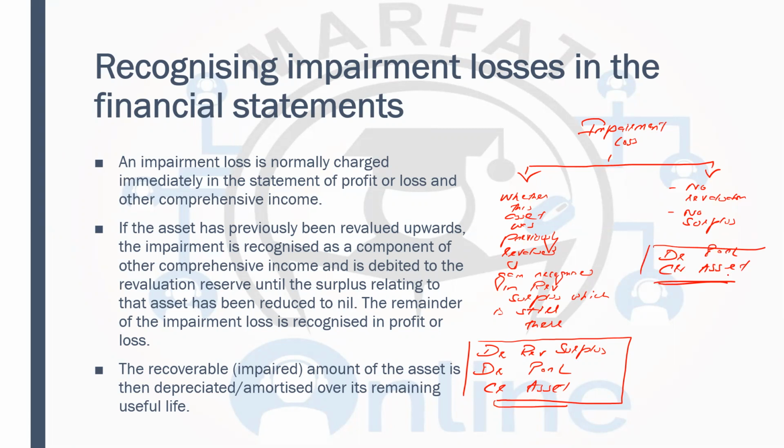And once you have brought the asset to its recoverable amount, because we know that we have to record the asset at the lower of its carrying amount and recoverable amount, whichever is lower, let's assume the recoverable amount is lower. So when we have brought the asset to its recoverable amount, just like the revaluation, now the depreciation will be recorded on the recoverable amount and remaining useful life.